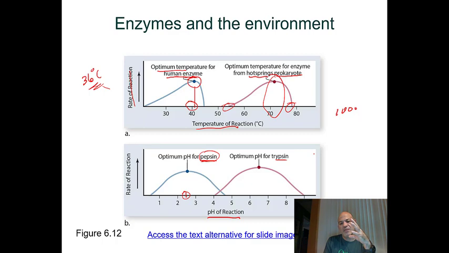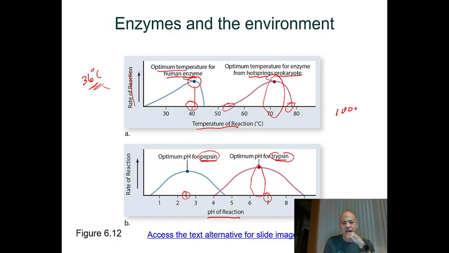And then when that partially digested food gets into your small intestine, your pancreas secretes neutralizing substances that help neutralize the acid and bring the pH up. And in there, another enzyme is present called trypsin that continues to help break down protein. But trypsin's optimum pH is much higher, closer to neutral.